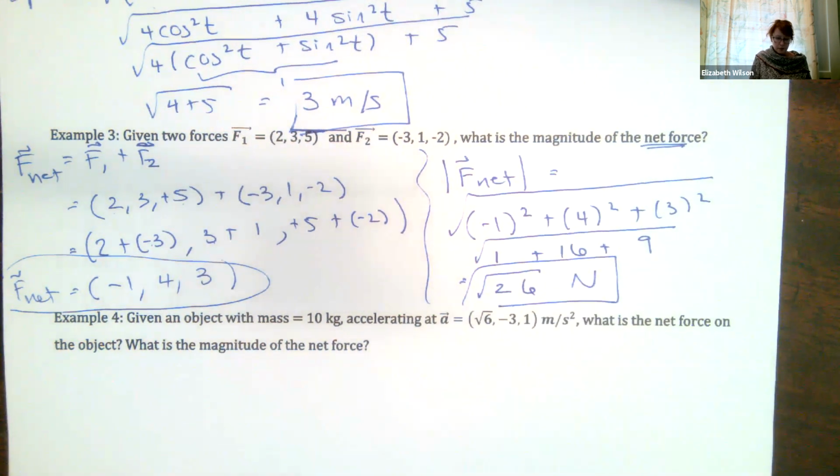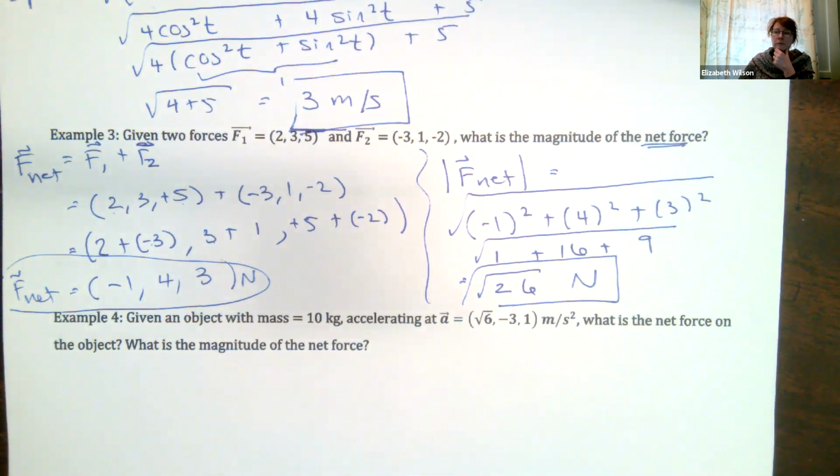Okay, and this is Newtons also. You may have seen stuff like this in your physics classes. Okay, so we're dealing with the magnitudes here. You guys all set with this here?